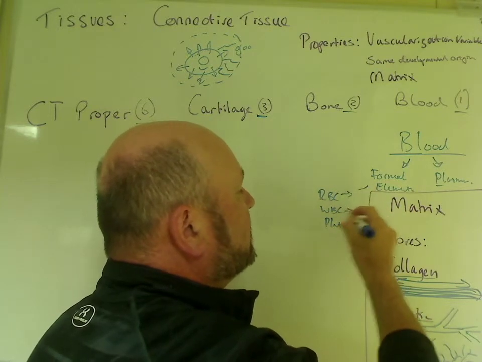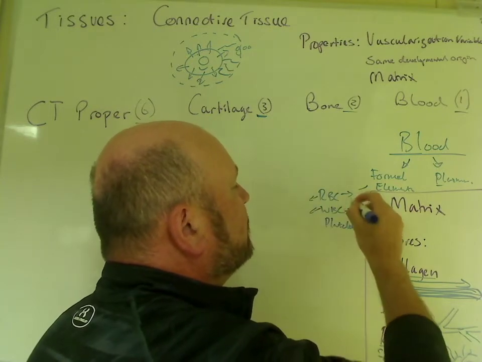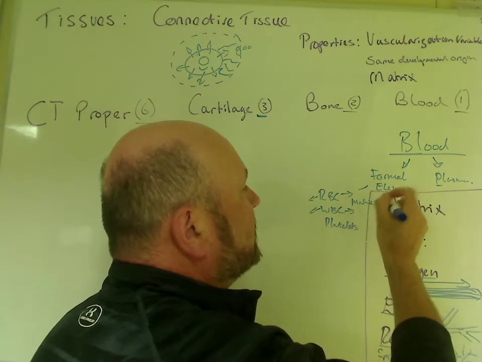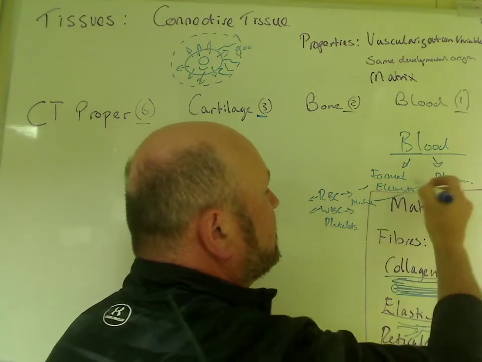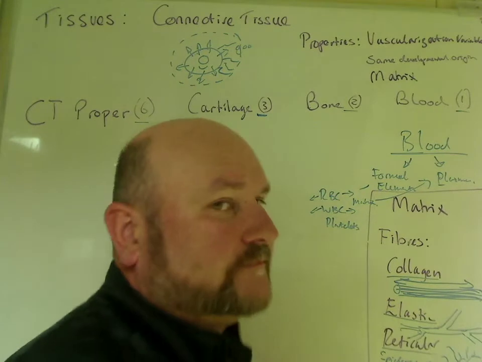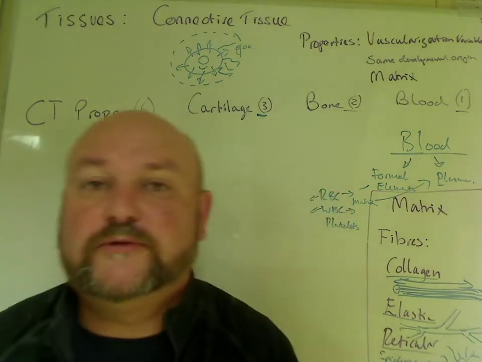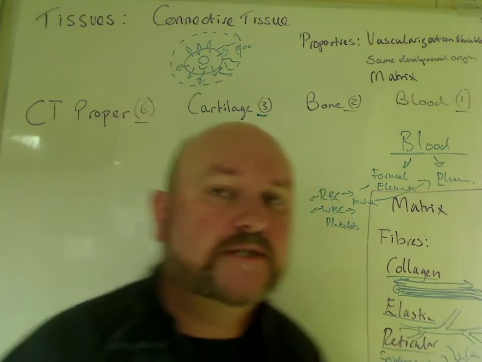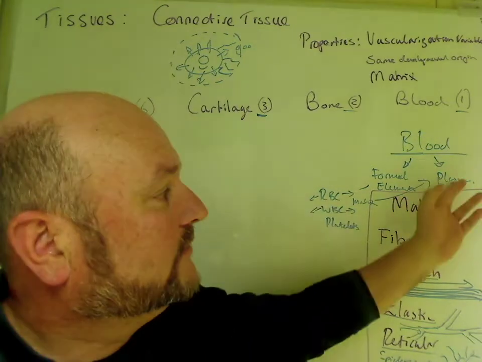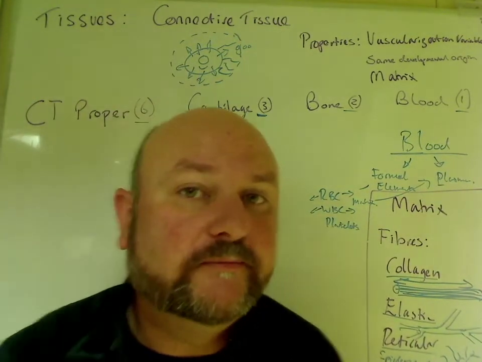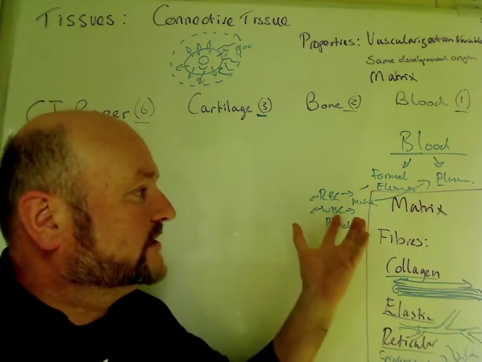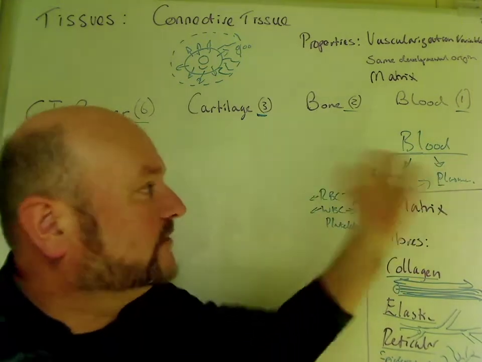These produce a matrix, which is the plasma. So fluid, remember gooey fluid, the thinner the matrix, the more fluid it is, and the very thin becomes the plasma of the blood. So the cells producing a fluid outside them, creating blood.